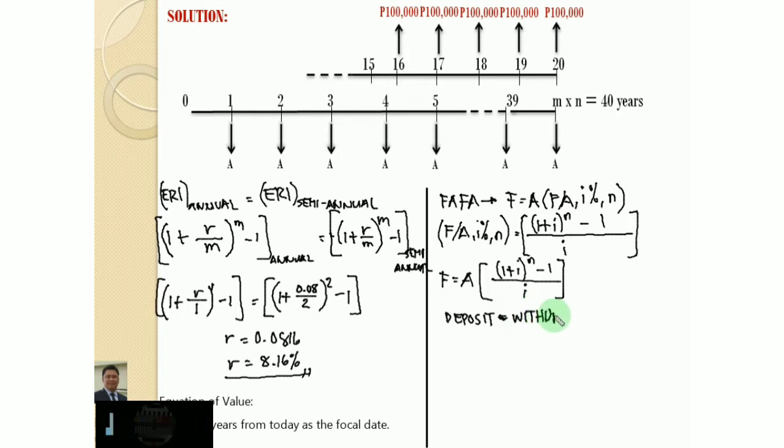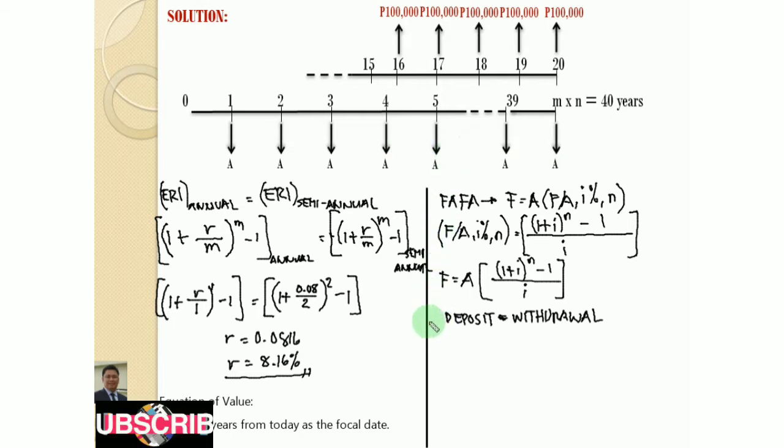Using F equals annuity times (1 plus i) raised to the n minus 1 all over i, for the deposit we are considering this cash flow here for this annuity going down.